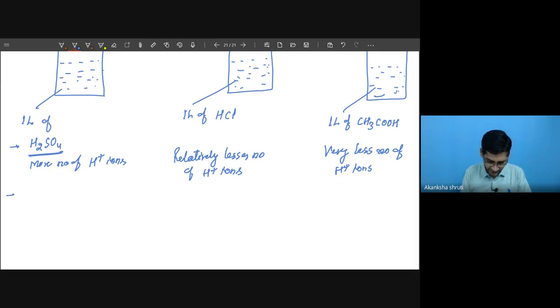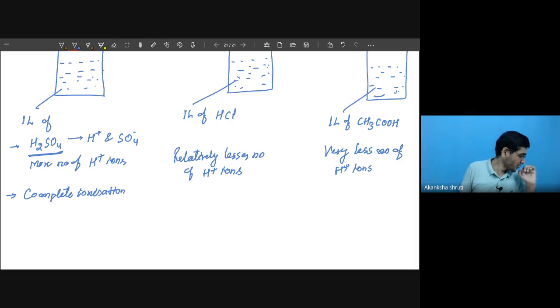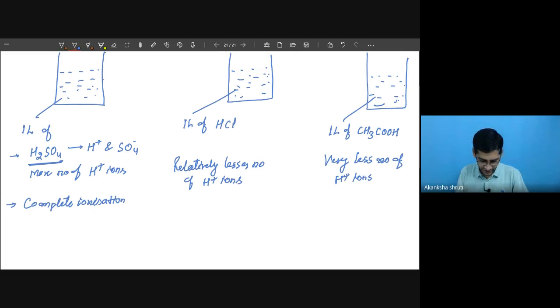So you can write this as complete ionization. What is the ionization? It will get converted into H plus and SO4 minus. This H plus again gets attached with water to form H3O plus. In that form it will be present in the aqueous solution. So this ionization is complete.